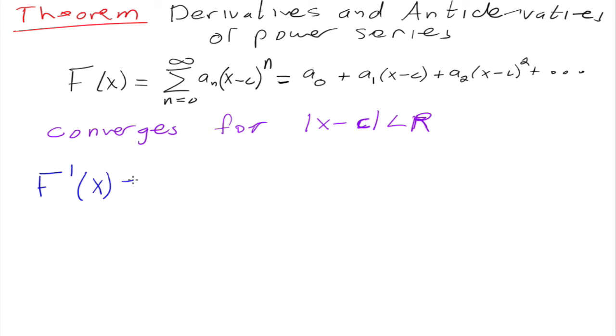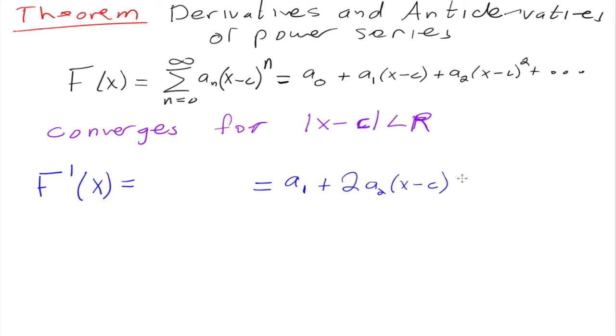All right, so the derivative. I'll leave a little space for the series written as a sum, and let's find the derivative just of this up here. The first term is going to look like 0, plus a sub 1, plus 2 times a sub 2, 2a sub 2 times x minus c to the 1.